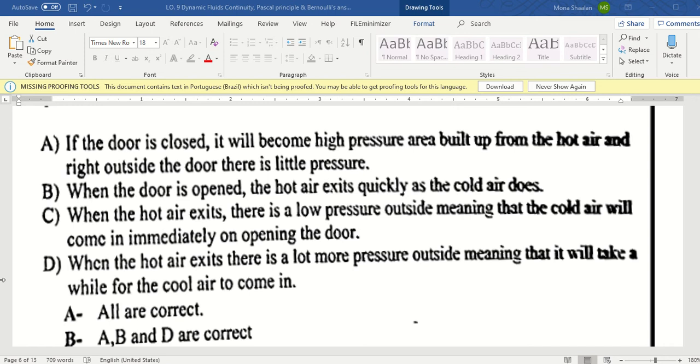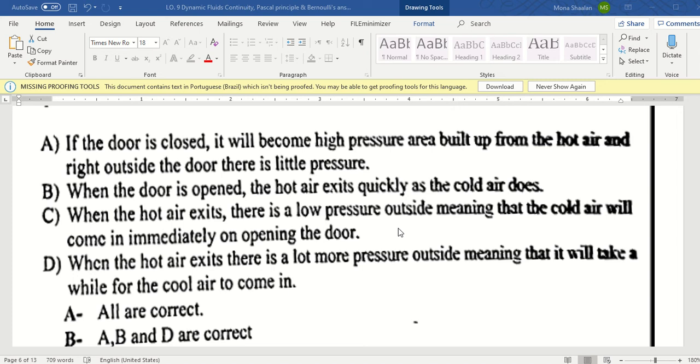Of course, when we open the door, there is a change in the pressure. A pressure difference is created, so the pressure will transfer from the high region of the hot air to the lower one, that of the cold air. When the hot air exits, there is a low pressure outside, meaning that the cold air will come in immediately on opening the door.